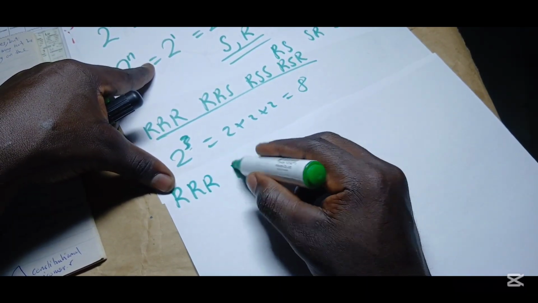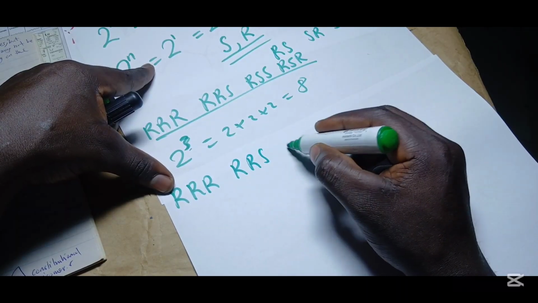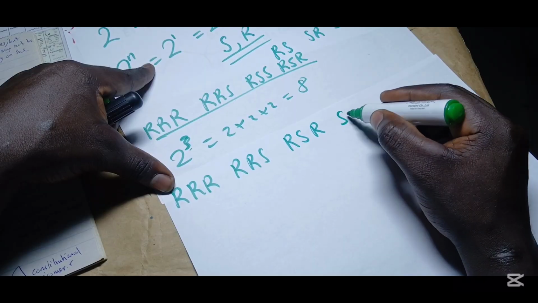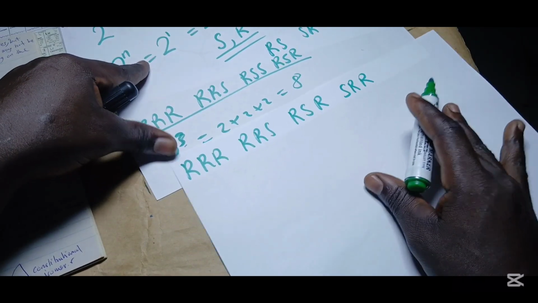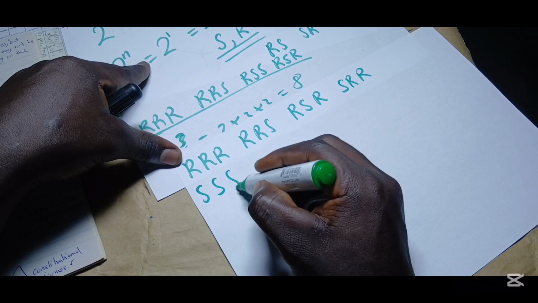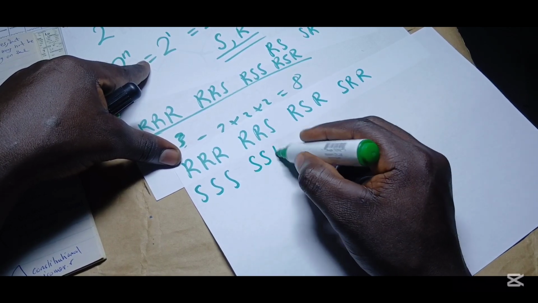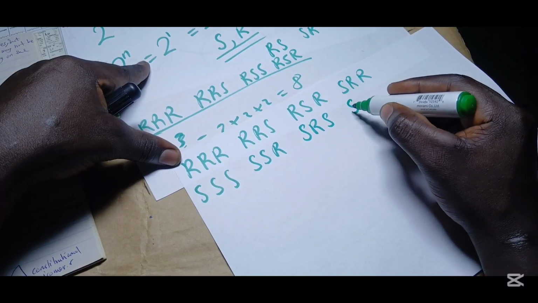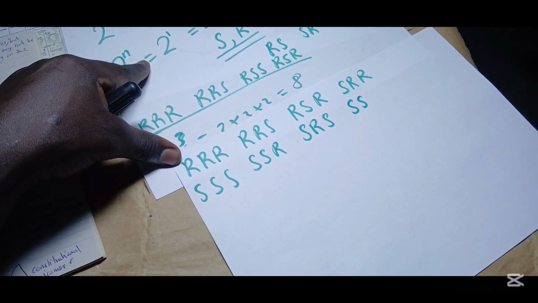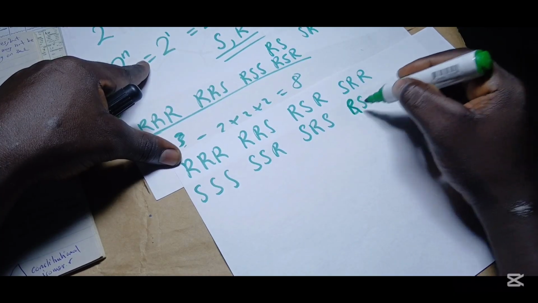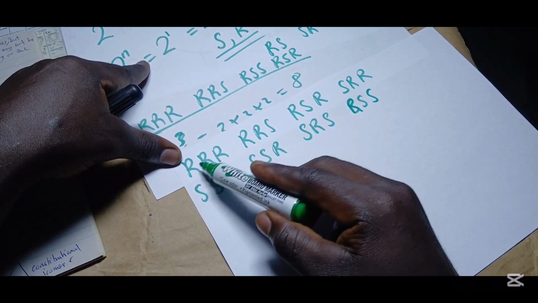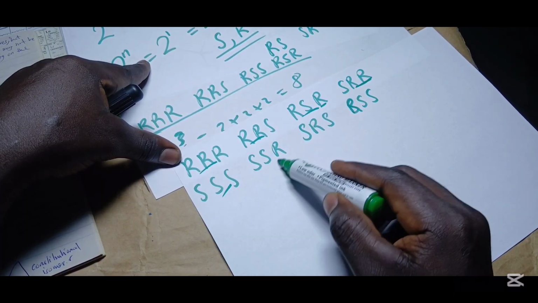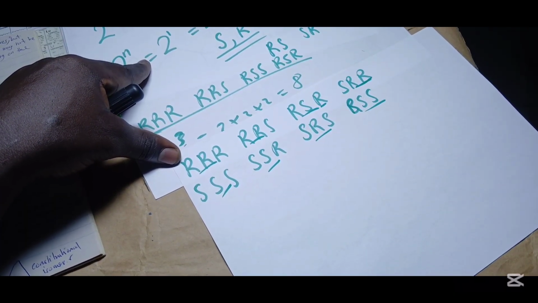R, R, R, R, R, S. So R, S, R. So S, R, R. Now let's start with S, S, S, S, S, R. So S, R, S. So R, S, S. So in total, with 3 chiral centers, we can get 1, 2, 3, 4, 5, 6, 7, 8 possible stereoisomers.